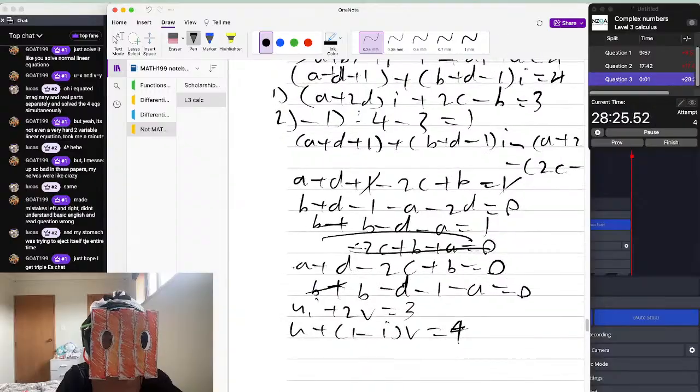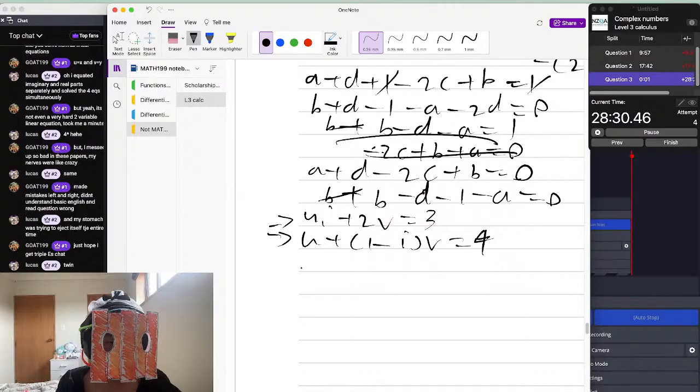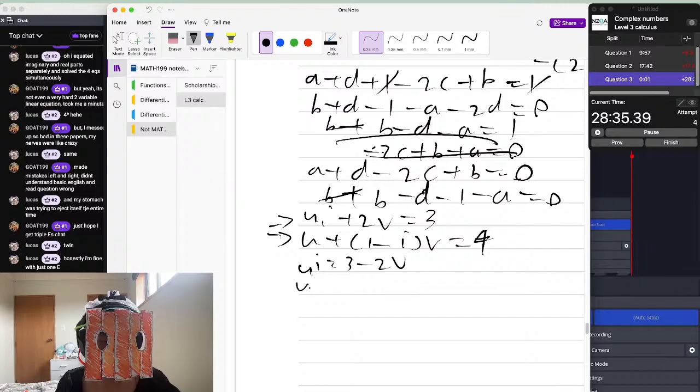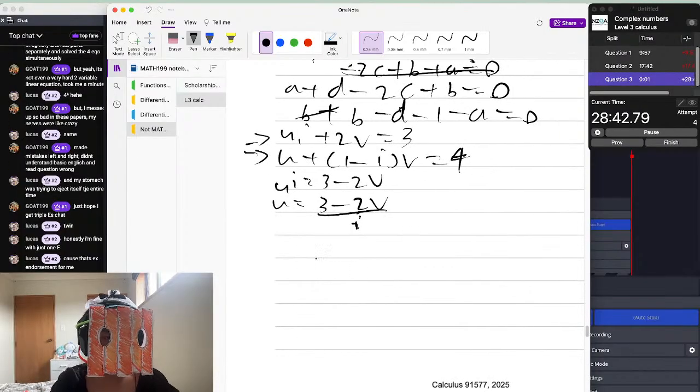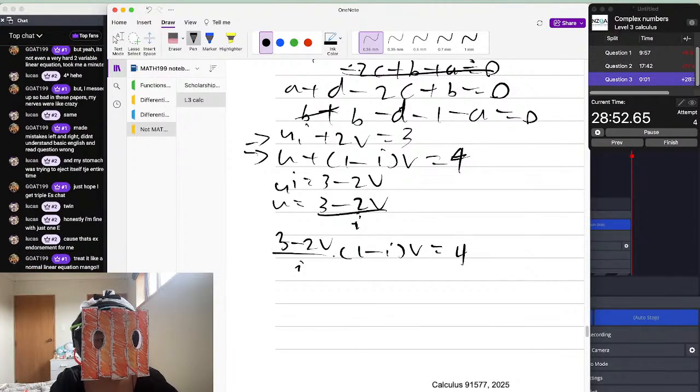Alright, let's see. 3 minus 2v, u equals 3 minus 2v over i, which gives 3 minus 2v over i, 1 minus i, v equals 4.